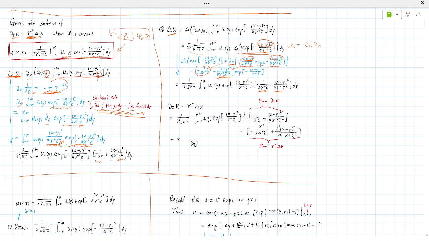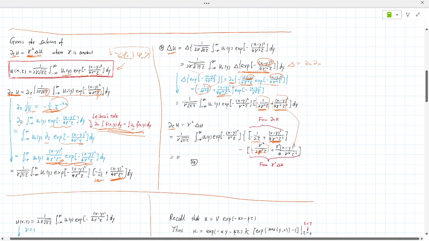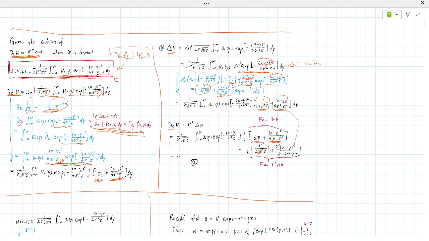Then we plug everything in, left-hand side, right-hand side. And this is this, this is this, multiplied by gamma squared. Apologies. Gamma squared. And this is here. So now we have proved this indeed is a solution to a diffusion equation in this form.